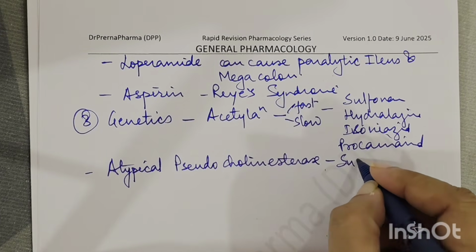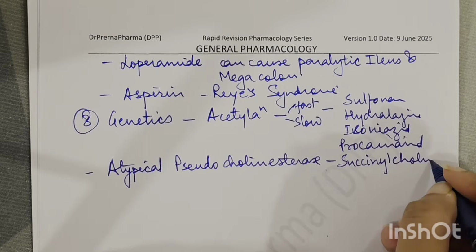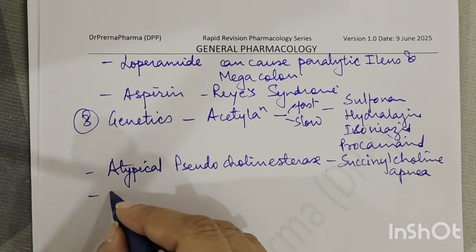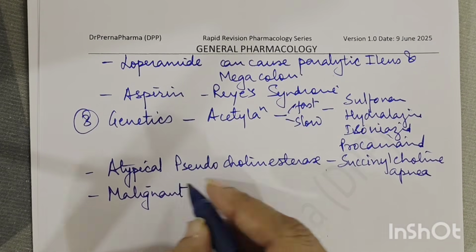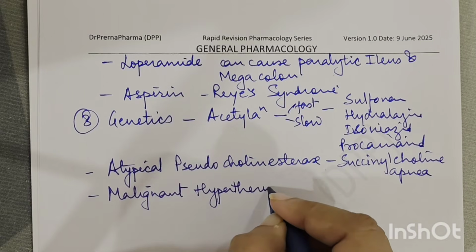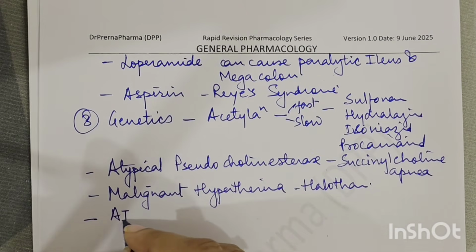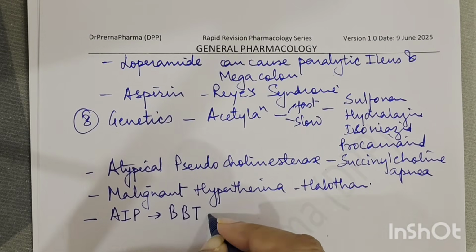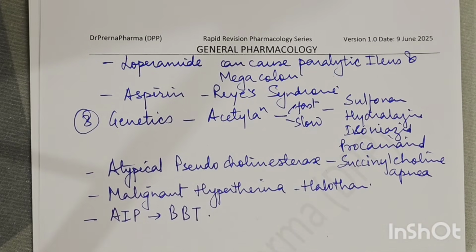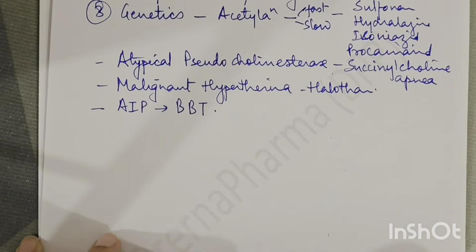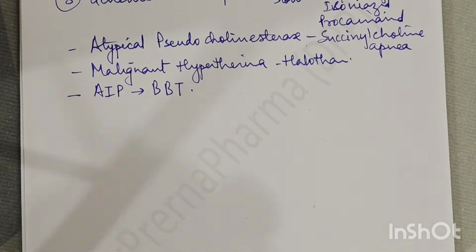What does this cause? Succinylcholine apnea. Then malignant hyperthermia. With what? Halothane. Then acute intermittent porphyria precipitated by barbiturates due to defect in the repression of porphyrin synthesis. So these are some genetic things, where we can say pharmacogenetics plays a role.